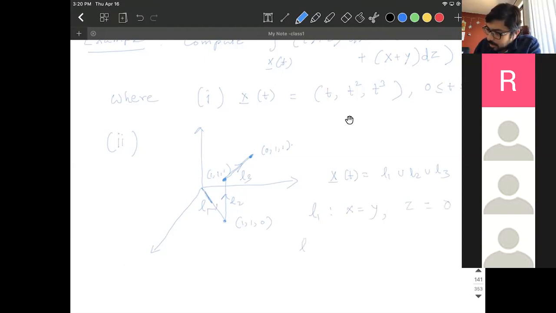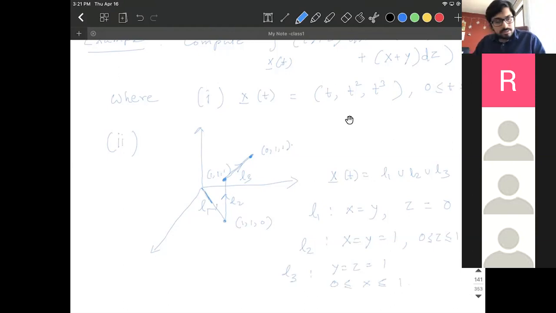On L2, you have that x and y are the same, but they're constant. So they're 1, and z varies between 0 and 1. And on L3, you have y and z constants, and x varies between 0 and 1.